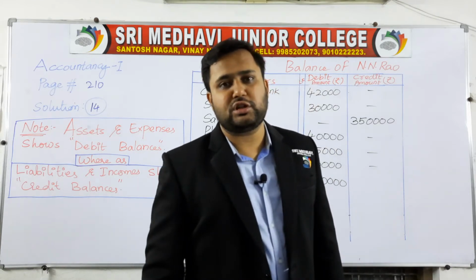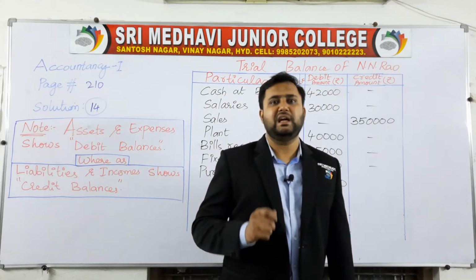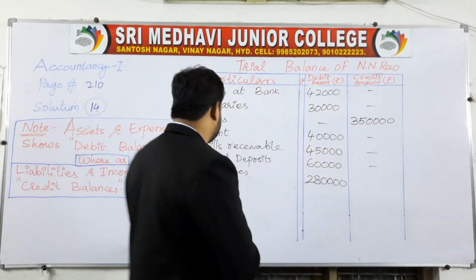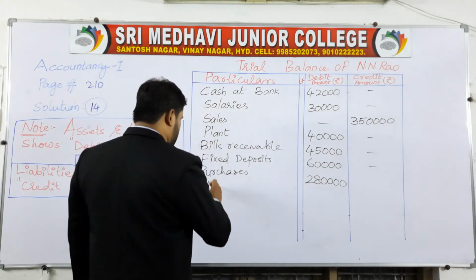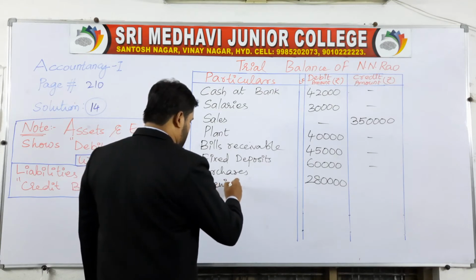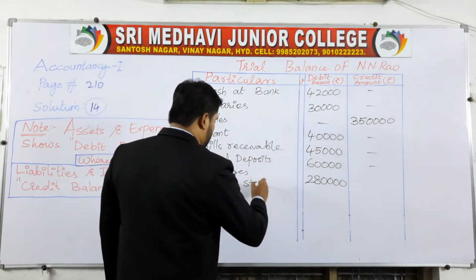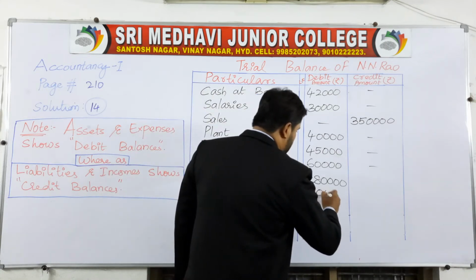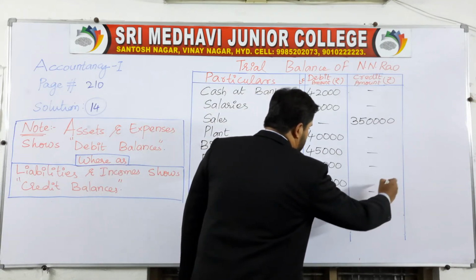It has been given in the question as closing stock, which is wrong. Actually, it's opening stock. So opening stock, 30,000, comes under debit balances.